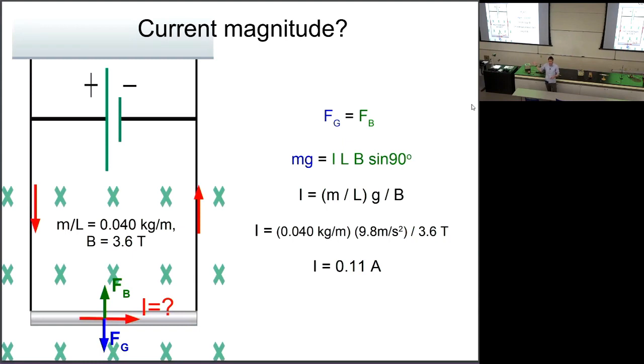G is the gravitational field. You're immersing a mass in a gravitational field, and it's going to experience a gravitational force. The force is mg. And then over here in green on the right-hand side, this field equation for a magnetic force: if you've got an electrical current in a magnetic field, it's going to experience a magnetic force given by this field equation here.